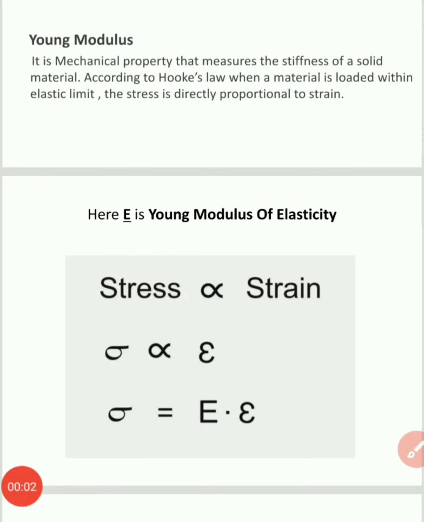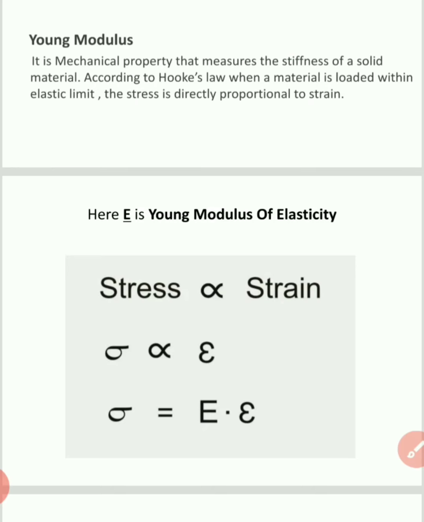Young modulus is a mechanical property that measures the stiffness of a solid material. So what is stiffness? Stiffness tells about how strong the material is and how much load it could bear without any failure. Young modulus comes from Hooke's law, which we studied in our previous video on the stress strain curve.